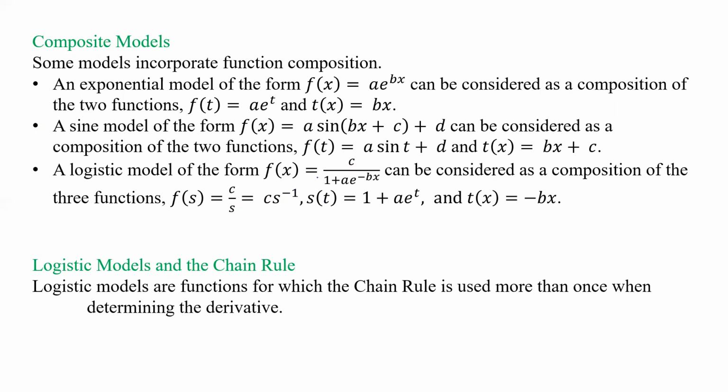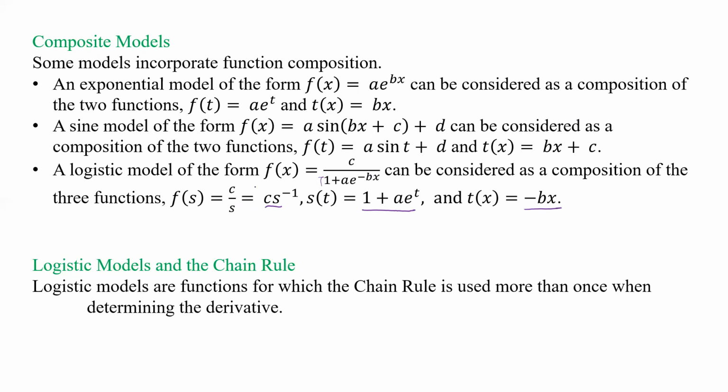Then our s of t is just that whole denominator. But we've already taken out this part here, which is the t, and that's a minus bx. Okay, so we're kind of taking things and piecing them out as we go, so it's a lot simpler. And so we've got c s inverse, 1 plus a e to the t, and negative bx in this case.